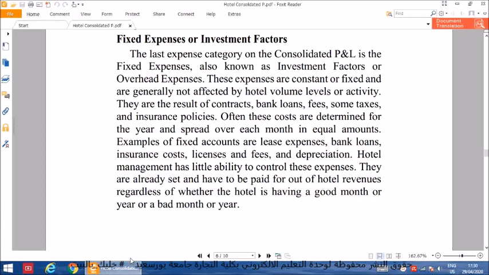The last expense category on the consolidated profit and loss is the fixed expenses, also known as investment factors or overhead expenses.